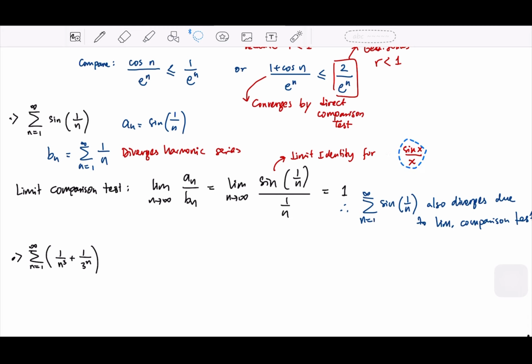Maybe if you forget the limit, this is the identity for the sine.